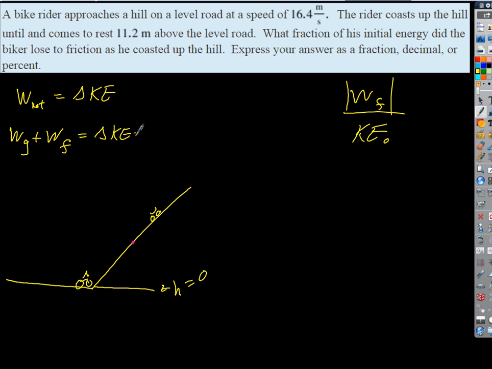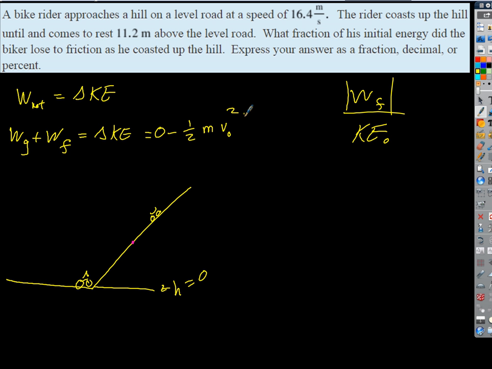What's the final kinetic energy? Zero. It's coming to rest, right? So the change in kinetic energy is just 0 minus the initial kinetic energy, right? So that's just equal to negative, so 0 minus 1/2 m v naught squared, right? Everybody agree? Okay.